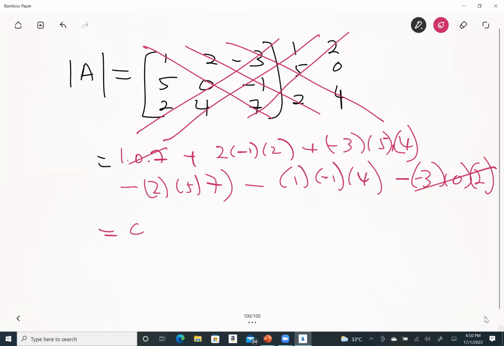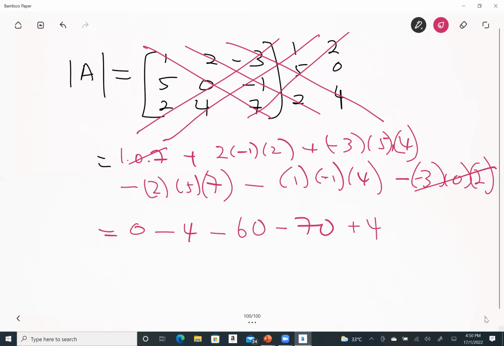So you got 0 minus 4, minus 20. 20 times 3, 60, negative 60. 20 times 3, negative 80. Okay, yang ni 10. 10 times 7, negative 70. Oh, ni plus 4, 0.